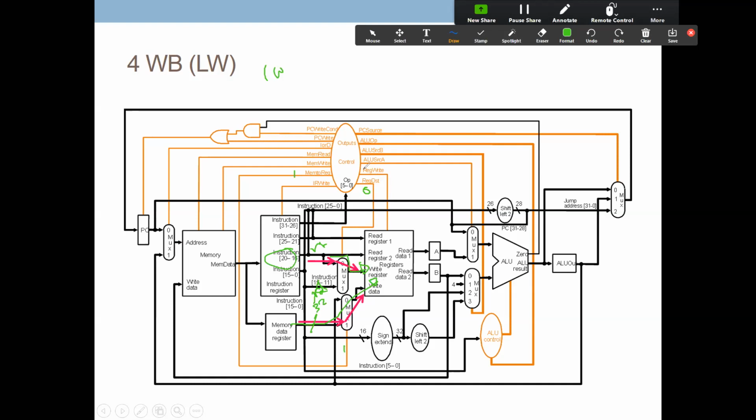And in addition, we must not forget to set the register write. It has to be 1 to enable writing to the register. With this, you have taken the data you read in the memory stage and wrote to the memory data register, took it and wrote it to the register file, and everything is good. Now after write back you can go to fetch and start getting a new instruction.